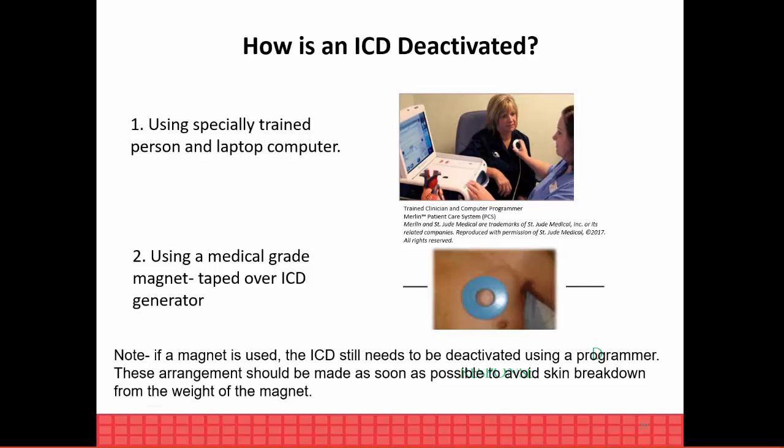The other, in an emergency, and you may see this more often, is a medical grade magnet that's taped in place over the device. So just a reminder that a magnet is only used in emergency situations, and that deactivation with a programmer is desired and needs to be done as soon as possible. The weight of this magnet against the skin can cause skin breakdown.